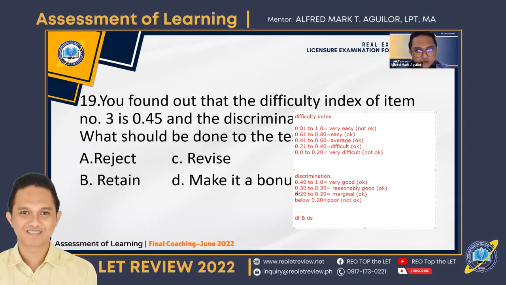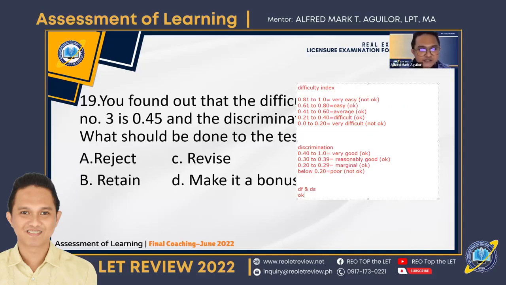Okay? If difficulty index is okay, discrimination index is okay, then we have to retain the test item. Okay? If the difficulty index is not okay, tapos the discrimination index is okay, we have to revise the test item. Okay?